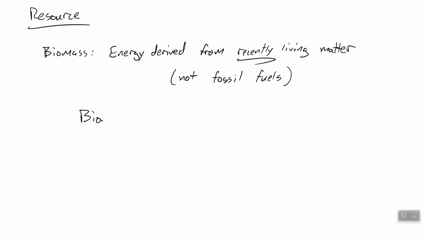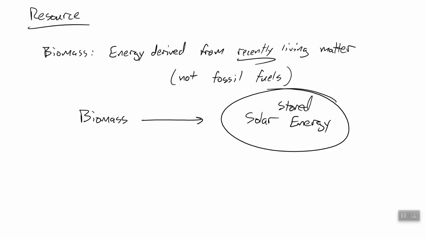Okay, and just like almost any other renewable energy resource, biomass is not the beginning of the energy. That energy came from somewhere, and of course it is the sun. Biomass is really solar energy. As a bonus, it's stored solar energy.